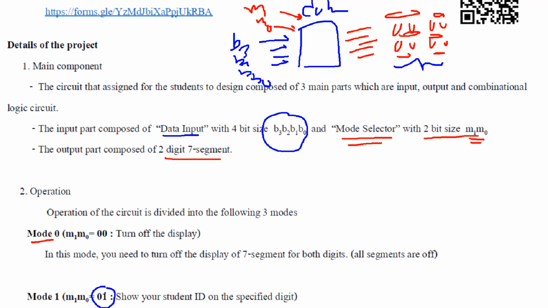And when you select mode 1 by applying 01 to the M1, M0 bits, you show your student ID on the specified digit.